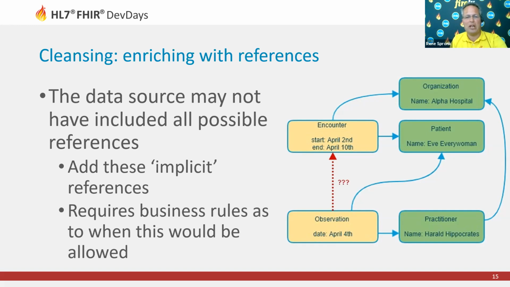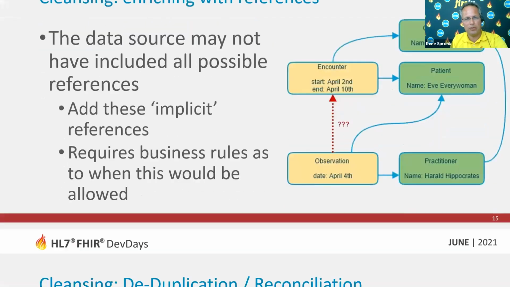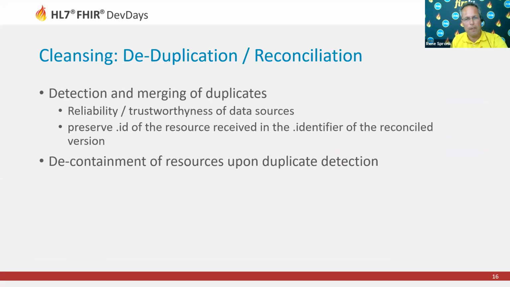That's not actually an easy question to answer, because the observation could have been done in the context of something that was related to some entirely different thing. So you have to define rules around whether or not you can do this. And this is actually done by a couple of systems that I know of.